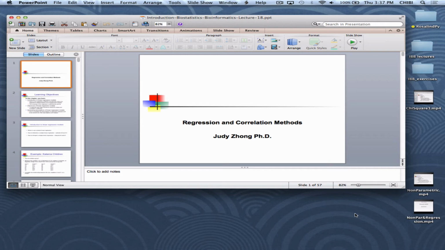What if y comes from 0, 1? A binomial distribution or Bernoulli distribution. For that, you need to use logistic regression, which a lot of you are probably already familiar with. And what if y comes from a Poisson distribution or negative binomial distribution? For all those, you need to use generalized regression to model that.